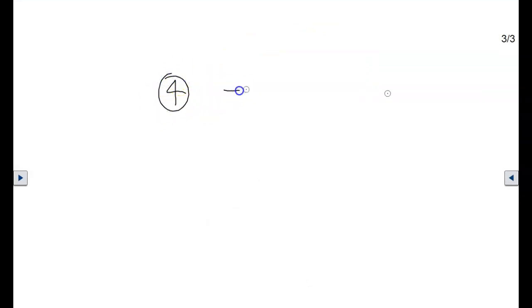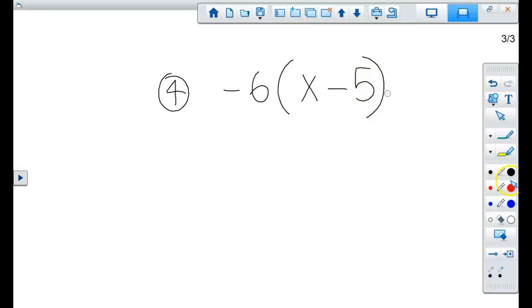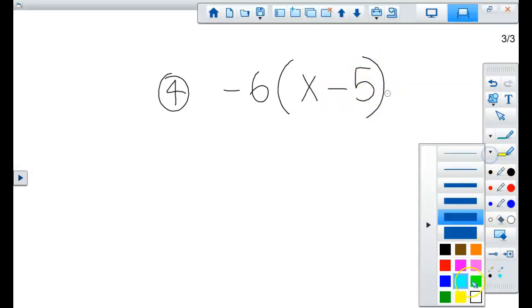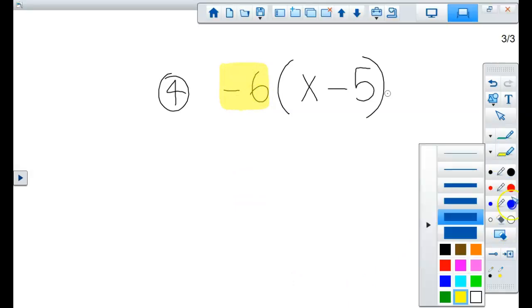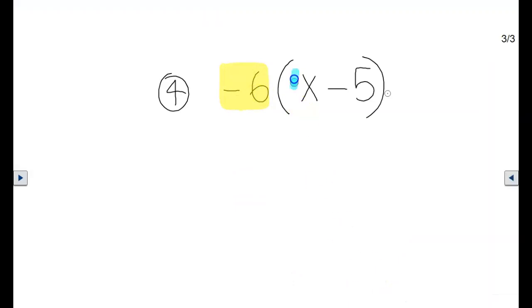Now, on this next one, we're going to do a -6 times x minus 5. So we want to take this number, -6, and we want to multiply it by the group, x minus 5.